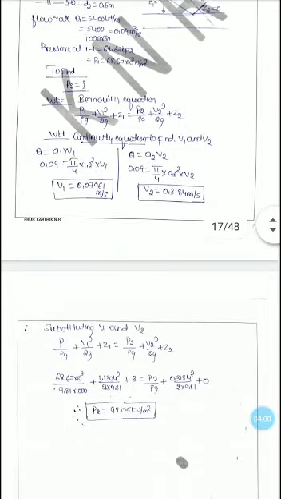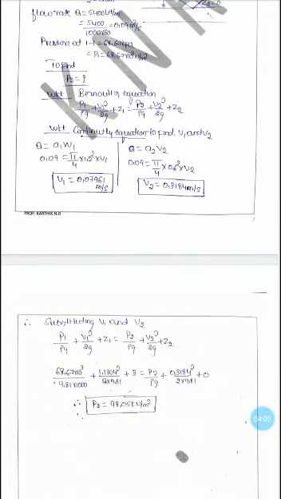Therefore, by applying the continuity equation, we get V1 as 0.07961 meter per second, and V2 is 0.3184 meter per second. Substituting V1, V2, P1, Z1 and Z2 in Bernoulli's theorem, we get P2 equal to 98.05 kilonewton per meter square. You can write it in terms of Newton per meter square also.